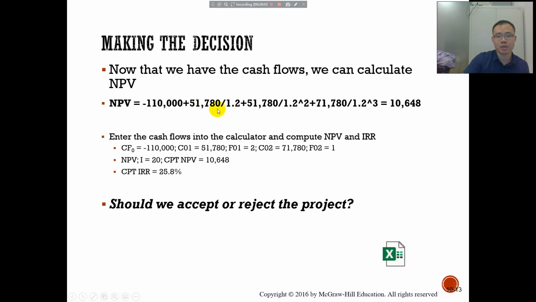So the calculated NPV is 10,648, and the IRR is 25.8%. Should you accept or reject the project? We should accept this project because the NPV is positive. We ran this project for 3 years and we earned a positive NPV. That's why we should accept it.